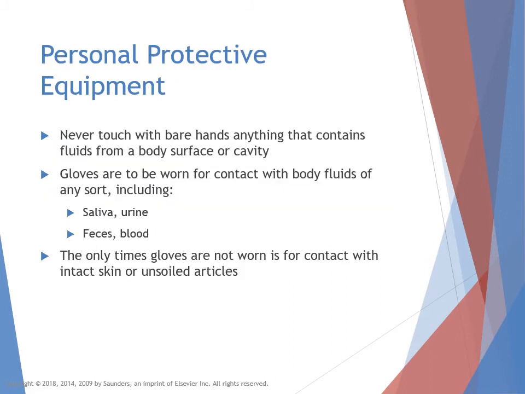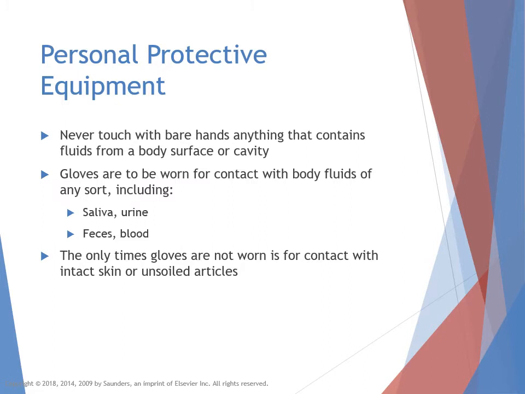Personal protective equipment, or PPE. So there's a couple skills for you to review on PPE, how to put it on and how to remove it. I will mention that briefly in this slide, but that's mainly a skills lab area. But with PPE, we want to never touch with bare hands anything that contains fluids from a body surface or cavity. So we never want to use our bare hands.